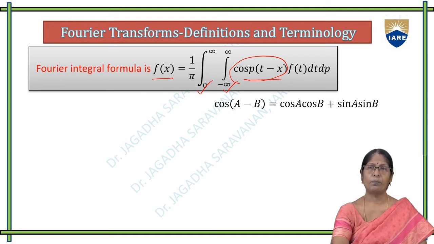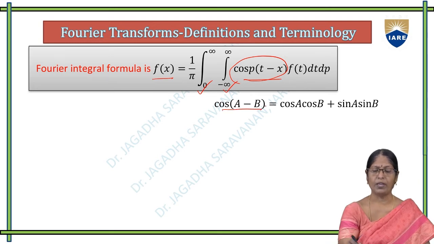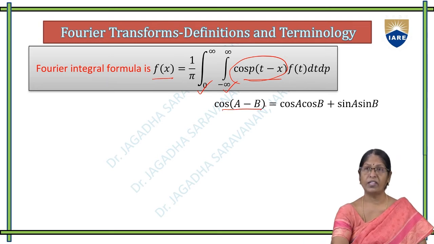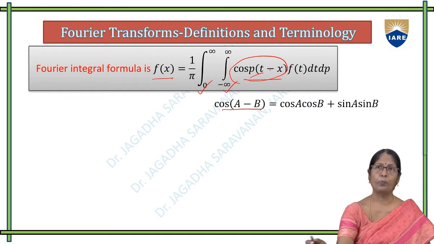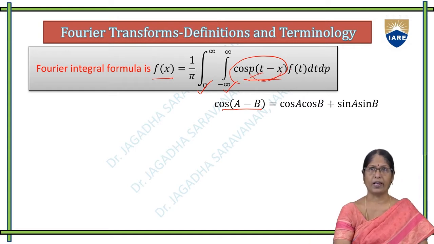Now, we are seeing cos p of (t minus x). In this particular place we are going to replace it by the trigonometric formula cos of (A minus B), which is nothing but cos A cos B plus sin A sin B. So now our A is playing the role of pt and our B is playing the role of px.